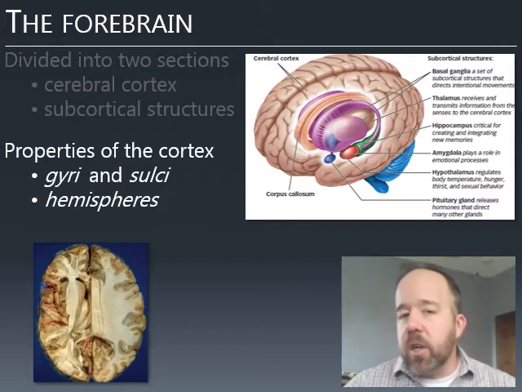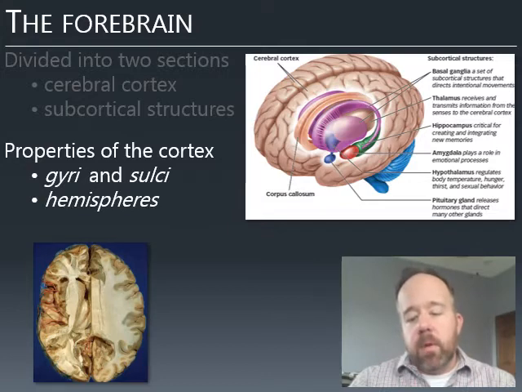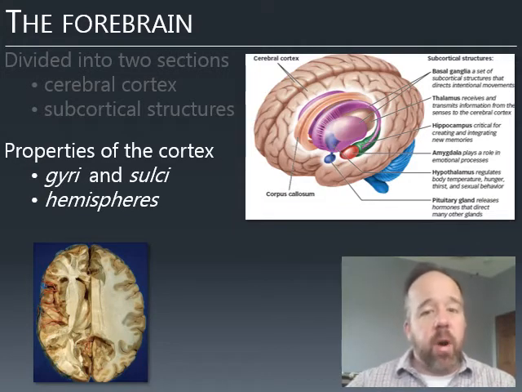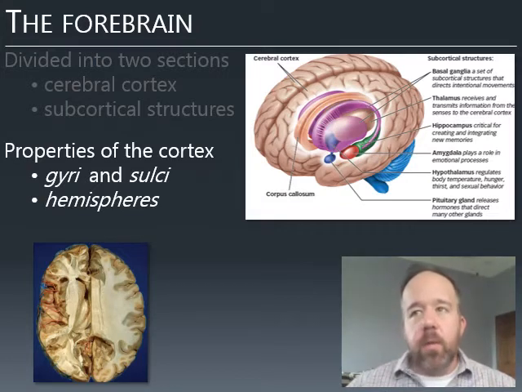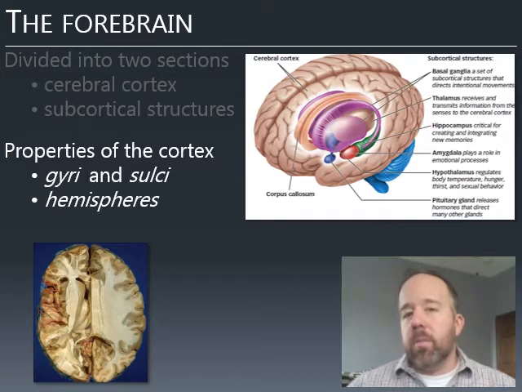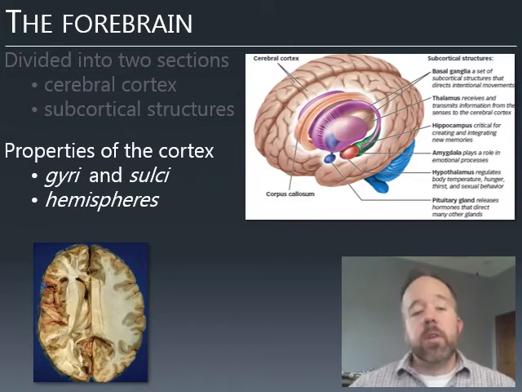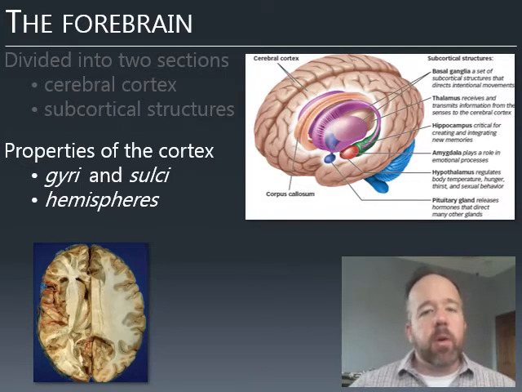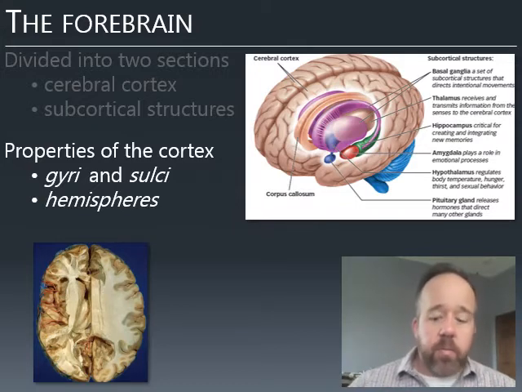There are some functions that are handled by one side and not really the other, but for the most part, you have sort of a partner on each side of the brain. They handle opposite sides of the body, or they handle opposite sides of the visual field, or they do similar things for more cognitive functions. But the point is, there are two hemispheres, and so you'll hear me refer to the left hemisphere or the right hemisphere. And so those are the left and right halves of the cortex.